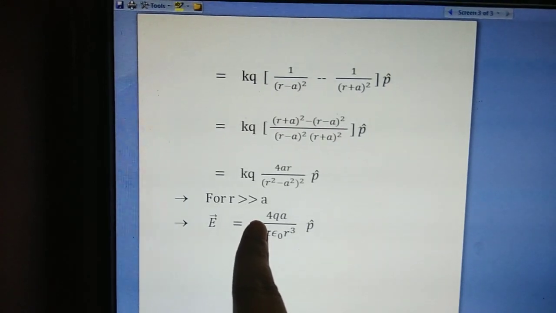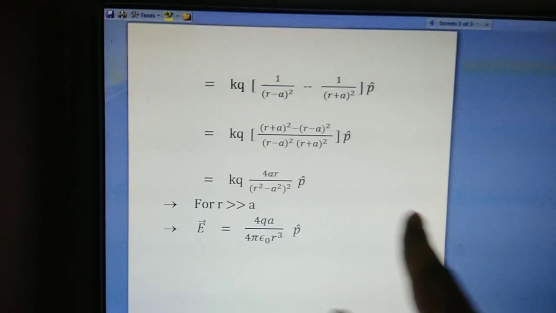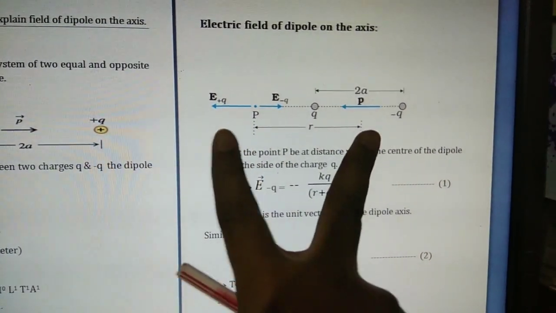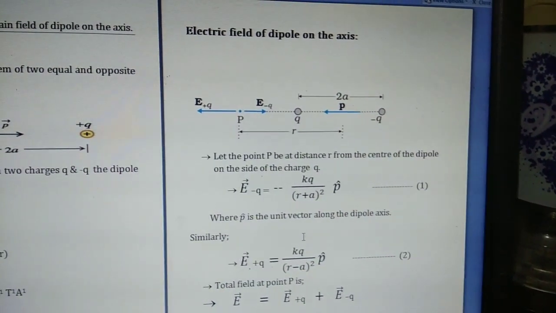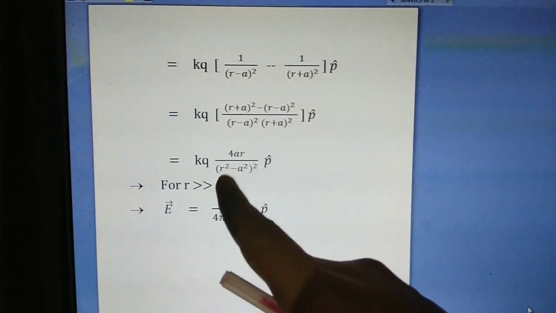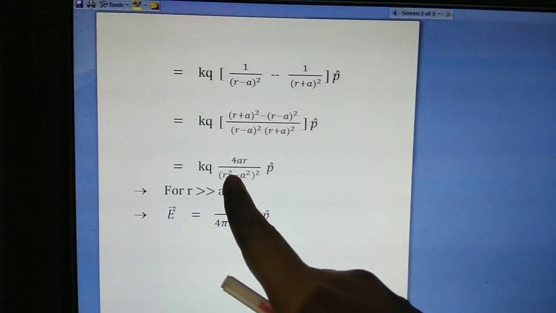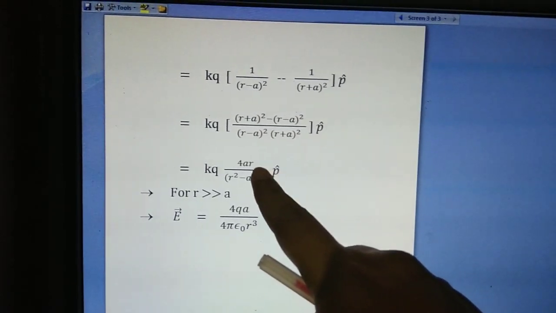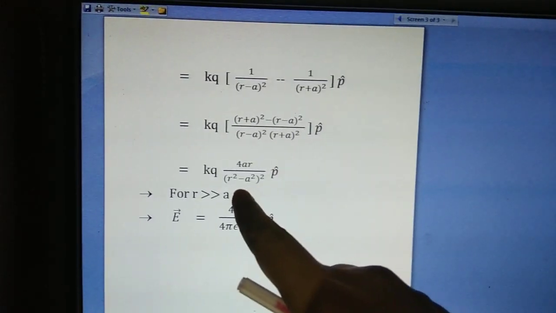This is for r greater than a. What does it mean? If the distance r is very much greater than a, then a can be neglected. So (r square) squared gives r raised to power 4, and in the numerator r is already there, so one r cancels, leaving r raised to power 3.